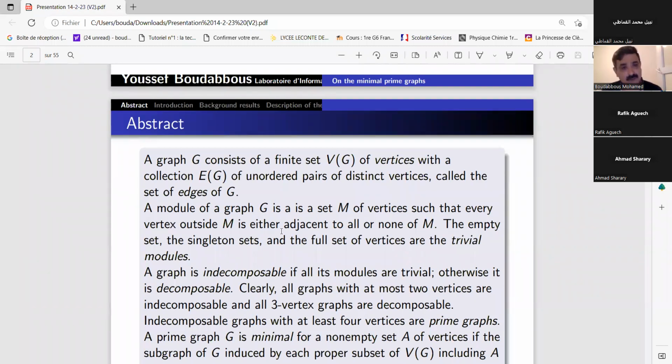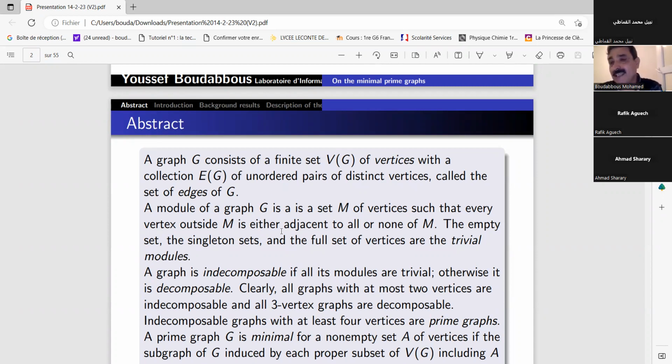Consider a graph G. A graph here is an ordered pair of a set of vertices and a set of edges, which is a set of unordered pairs called edges.